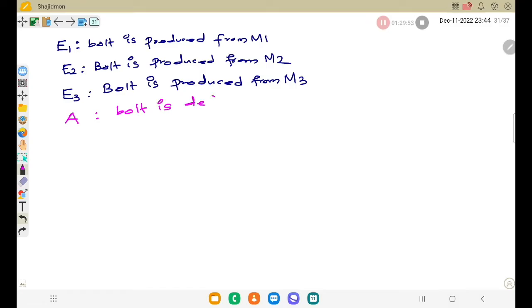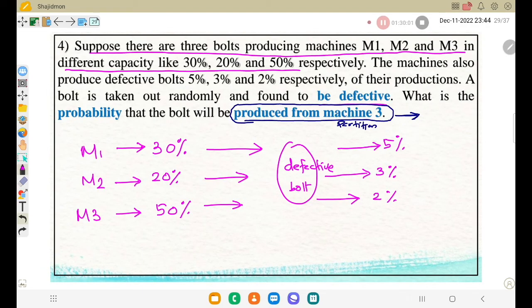Okay, so what is the question? First identify: find the probability that the bolt was produced from machine 3, that means probability of E3, given that it is defective, that means A, the defective bolt.